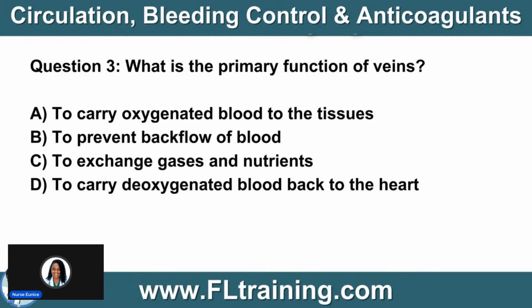So question number 3, what is the primary function of veins? So if arteries carry oxygenated blood, what do veins do? Is it A, carry oxygenated blood to the tissues, B, prevent backflow of blood, C, exchange gases and nutrients, or D, carry deoxygenated blood back to the heart?